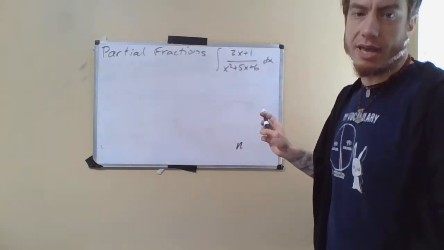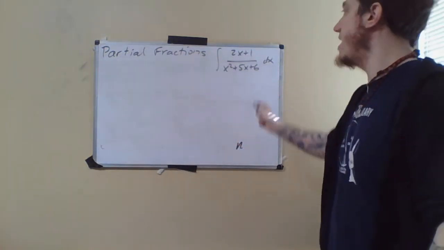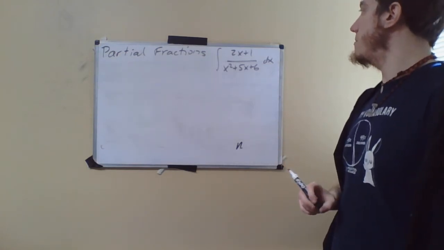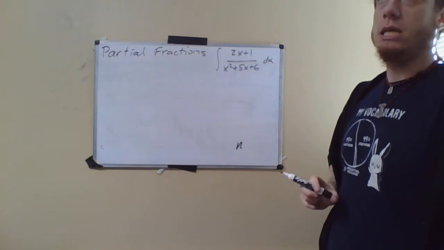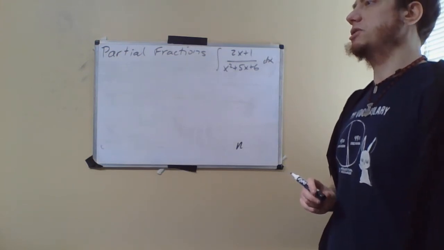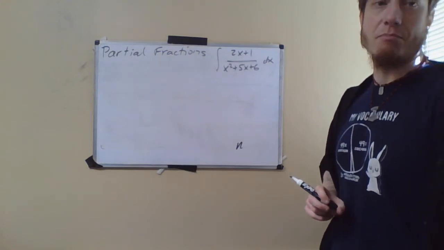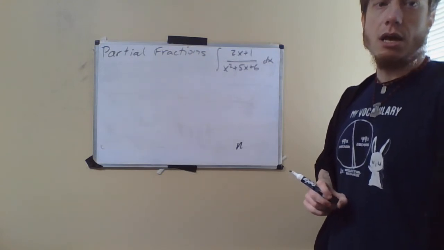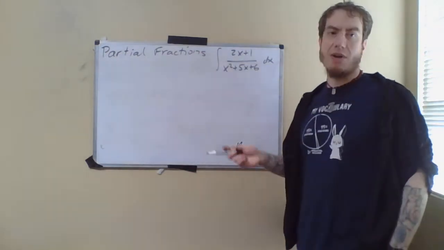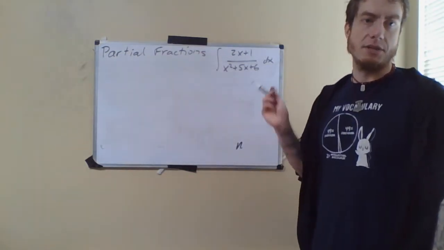What we could do is complete the square on the bottom, and then look at the result, and maybe this would come out to be something we can do by using trig substitution.